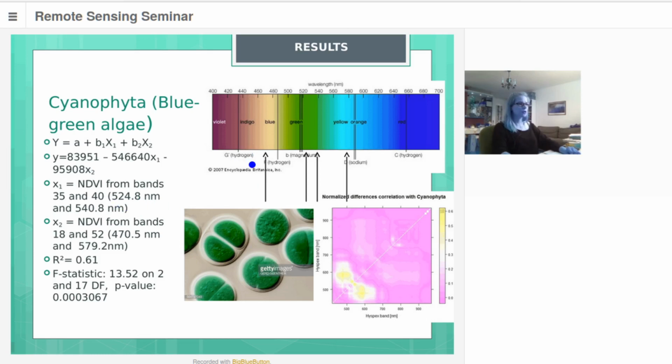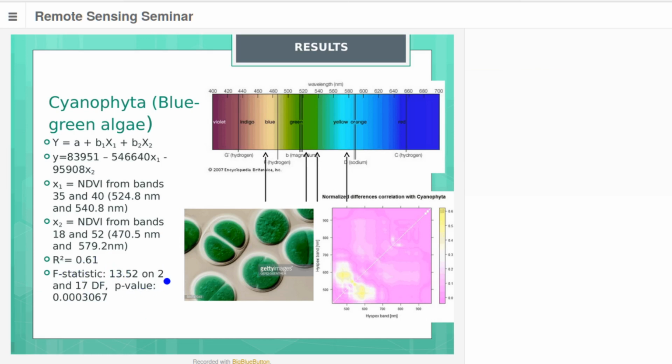The formula is for the bands 524 nanometers, 540, 470, and 579, which are located here in the spectrum. The R squared was 0.61, and the F statistic and P value.